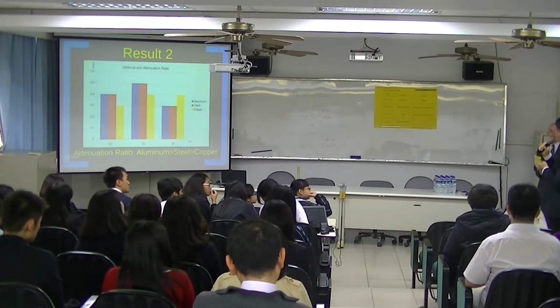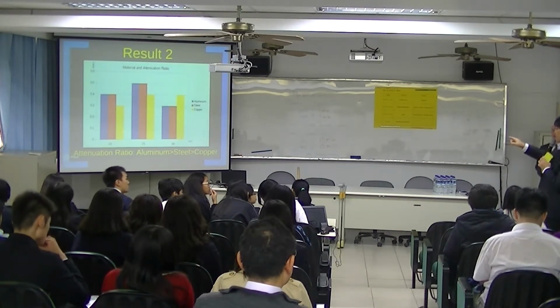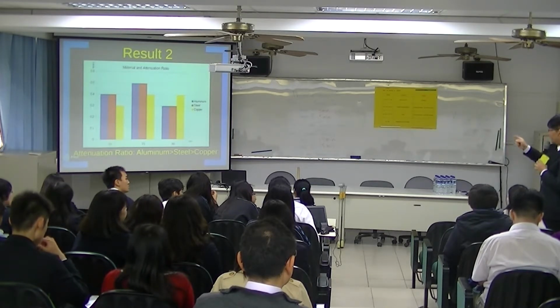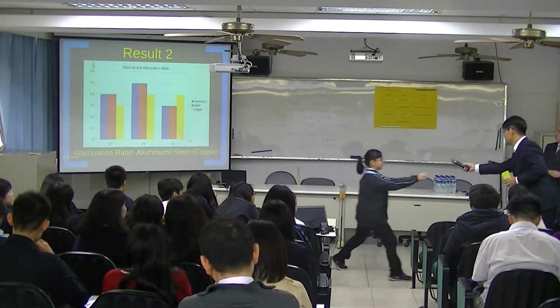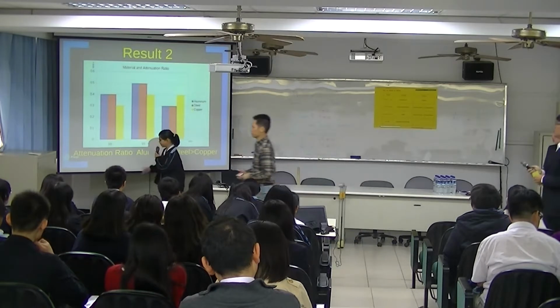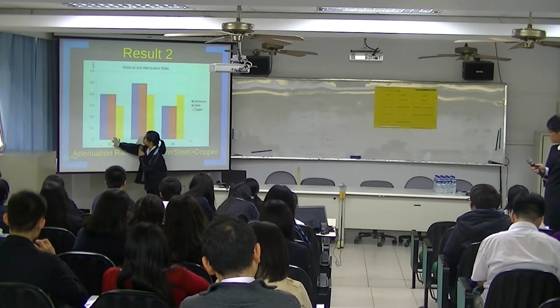Sorry, maybe I misunderstand your slide. Do you mean the length will affect the velocity delay? This is when the length is 10 centimeters, the three materials will go like this.